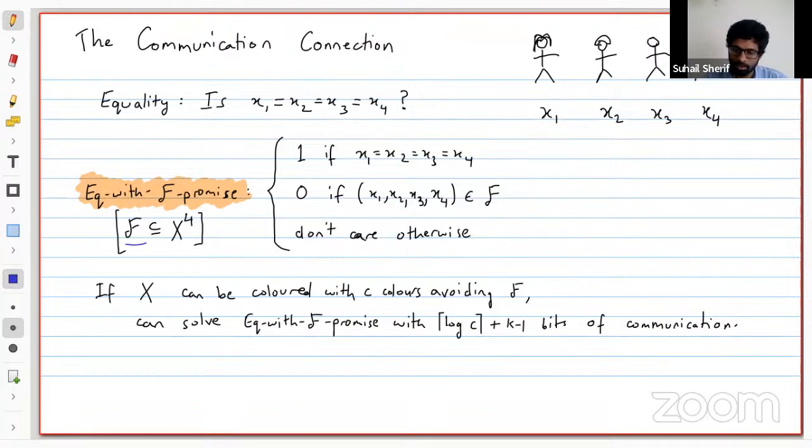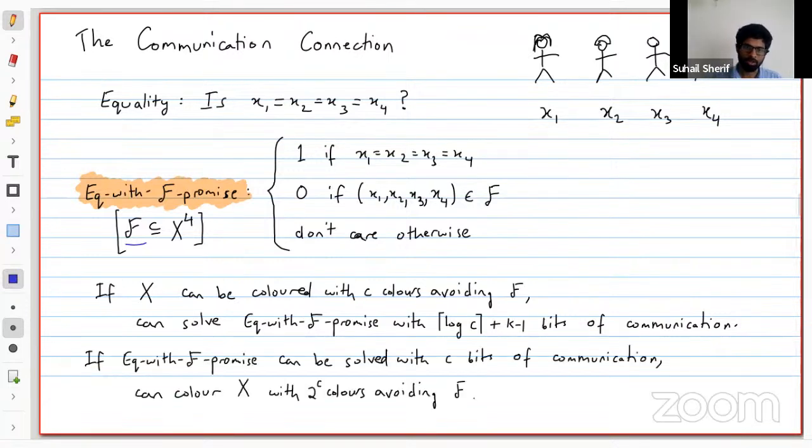But the connection isn't just this direction. The reverse direction also holds.